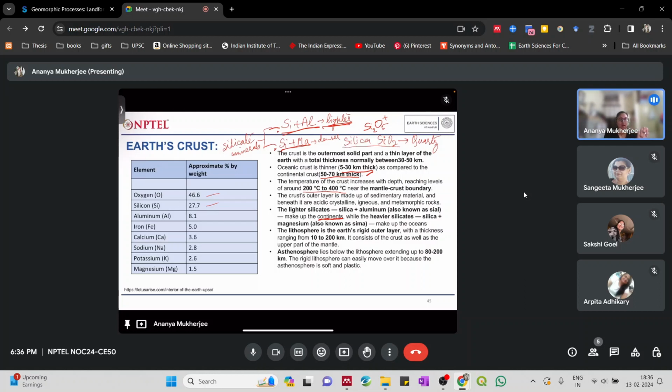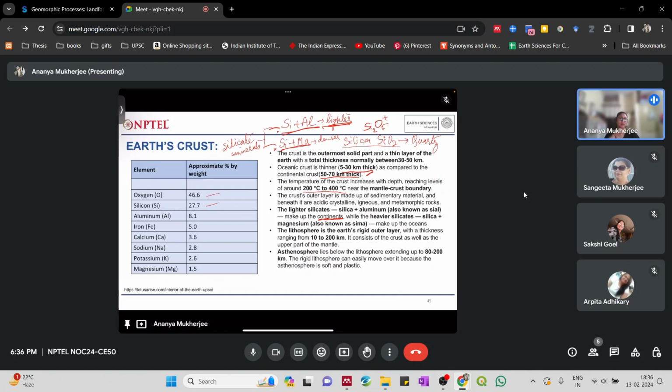So now the crust was delineated on the basis of the difference in the chemical composition of crust and mantle. Mechanically, some part of the upper mantle is considered a part of the lithosphere. The lithosphere consists of both the crust, that is the upper crust and lower crust, both oceanic and continental crust, as well as some part of the mantle.